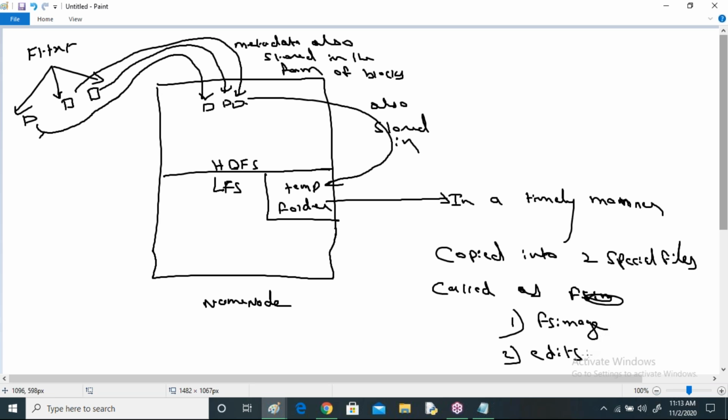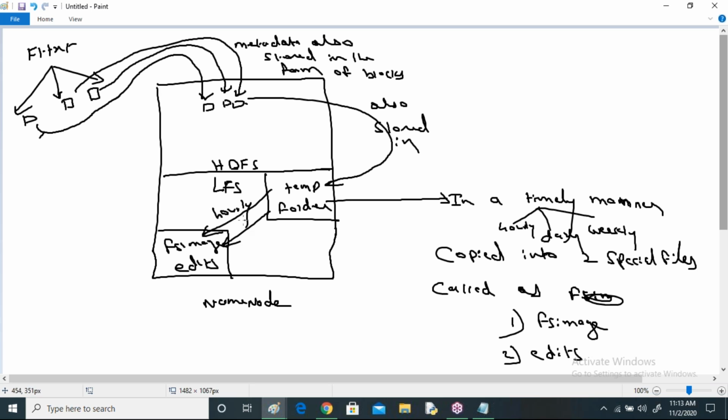Fs image and edits. Timely manner means hourly, it can be daily, it can be weekly. So from this temp folder, it is copied into these two special files.